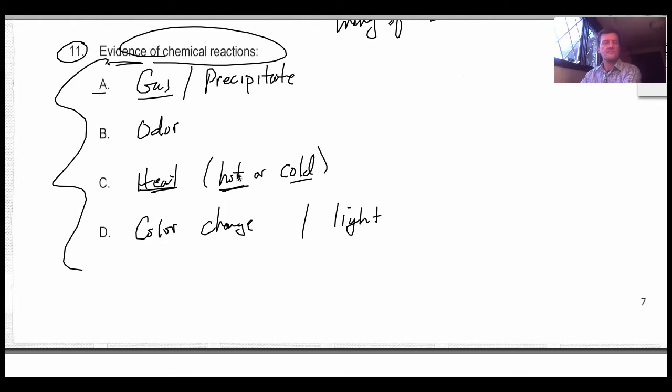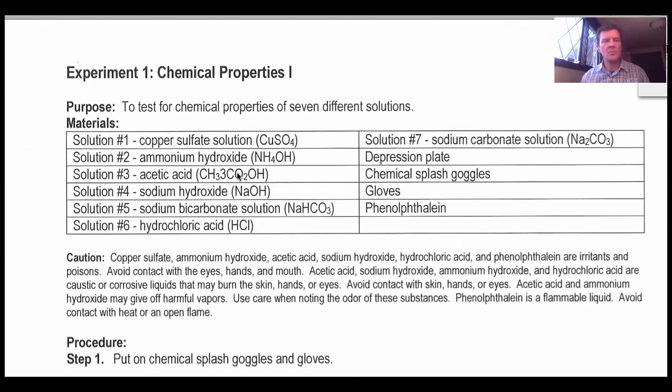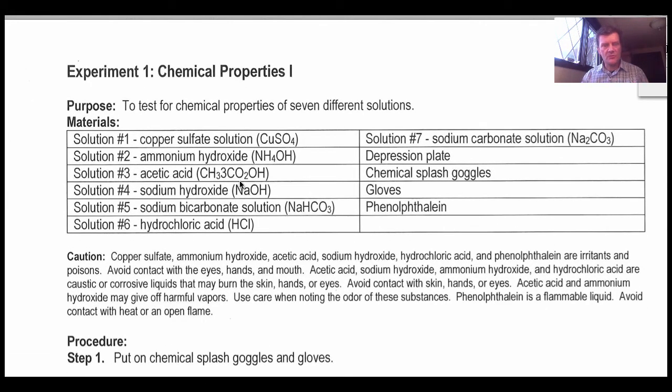All right, let's go on and talk about the first part of our lab, our experiment today. I'm first going to give you some information. You're not going to have to perform all of these reactions, and I'm going to give you information about what happens when you combine these different solutions.